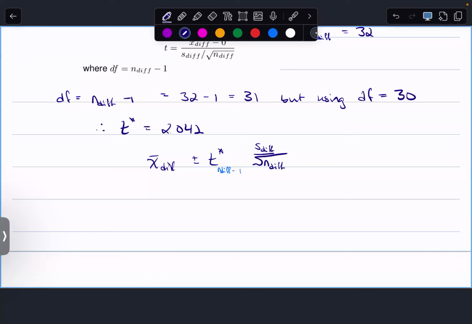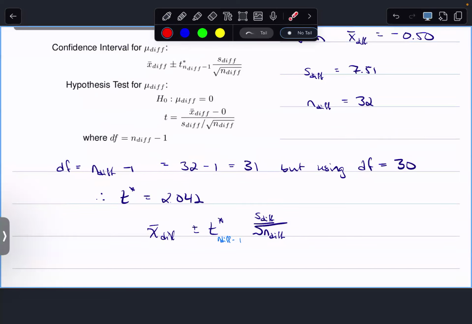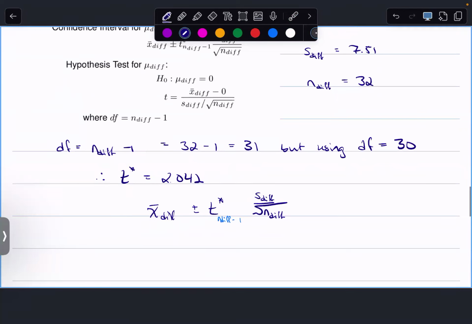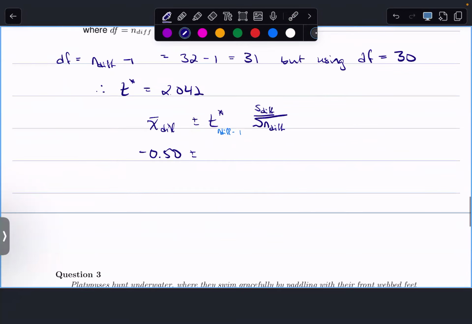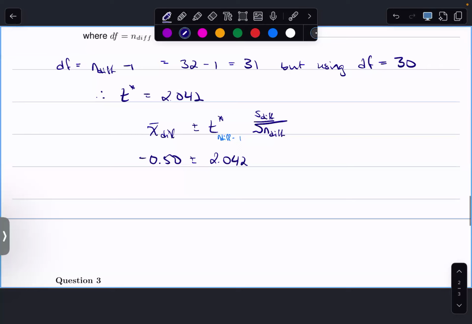A couple of words of caution here. Sometimes people get caught up on the 30 degrees of freedom, but that's not your n. Your n is still 32, right? So we've got negative 0.50 plus minus 2.042 times s diff, 7.51 divided by the root of 32.